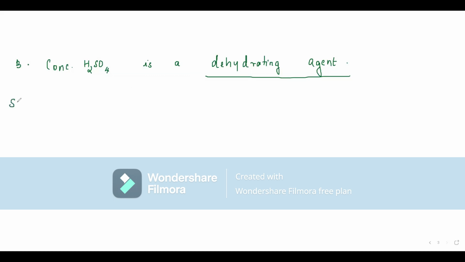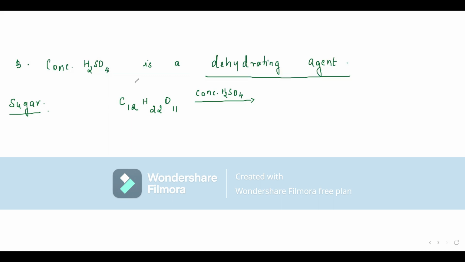One of the examples as per the syllabus that we need to study is sugar. Sugar has the formula C12H22O11. Here, it is compulsory to write concentrated sulfuric acid above or below the arrow.